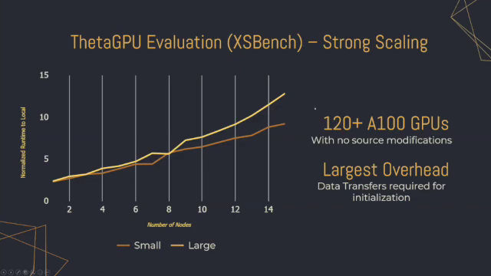The only modification we did was to distribute that work over the number of available GPUs, and suddenly we get this pretty great scalability. The largest overhead that we had here wasn't even from our remote offloading implementation. It was strictly from the fact that XSBench requires a large amount of data to initialize, and this was 120 copies of that data across the network, which is obviously bottlenecked by the host.